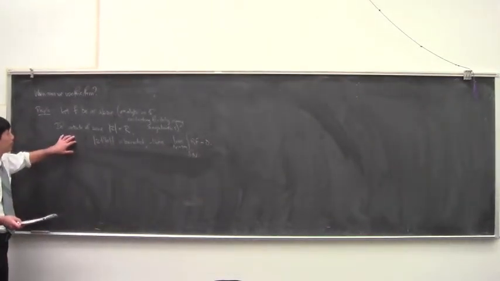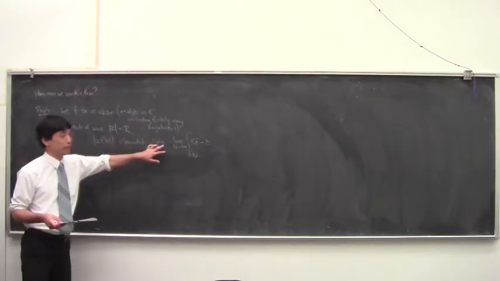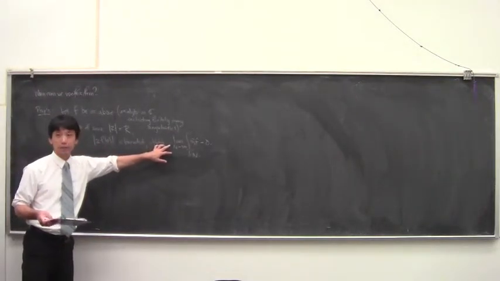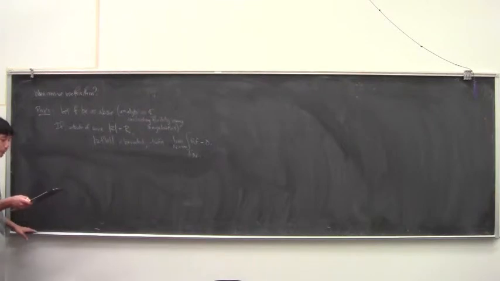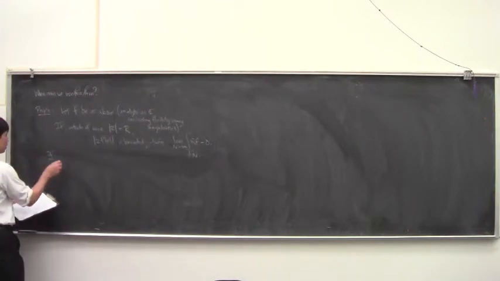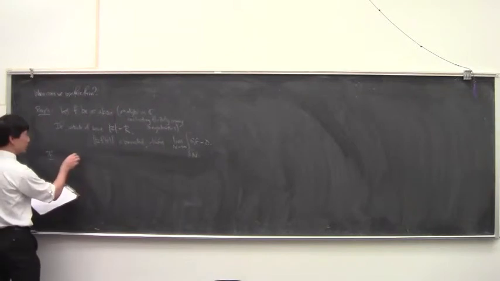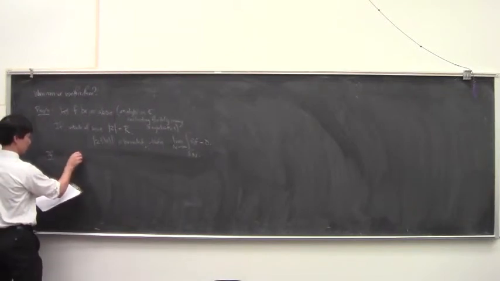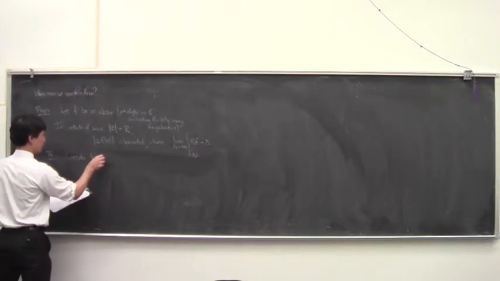Okay, so let's go back to this proposition, right? We're trying to show that this limit is 0. So the first thing we're going to do is make an observation about the Laurent expansion. So consider the Laurent expansion.